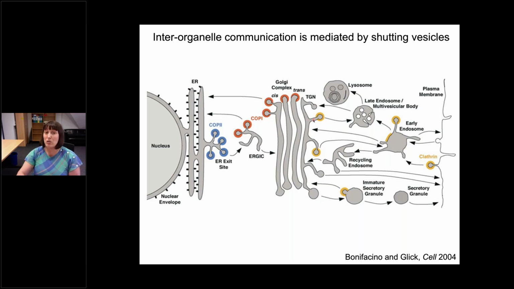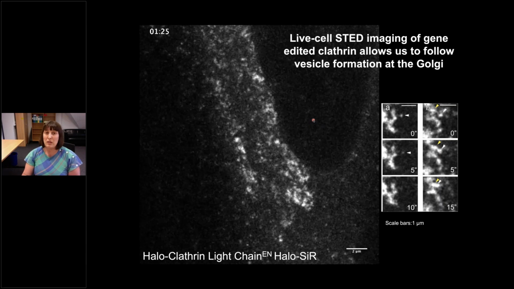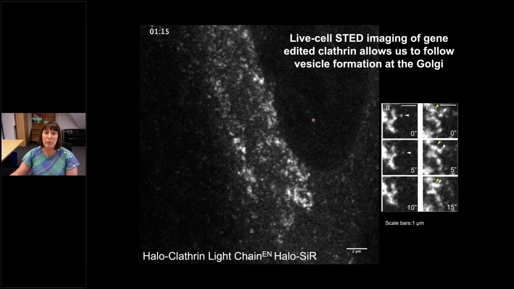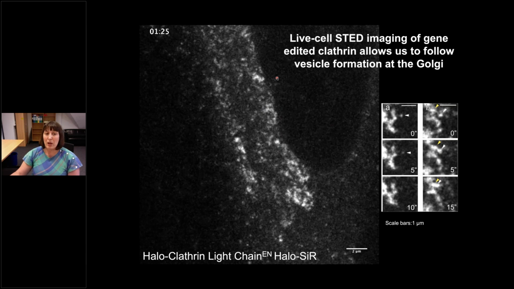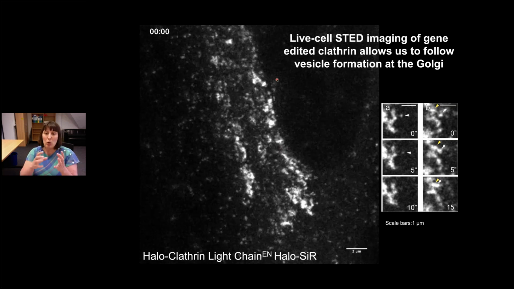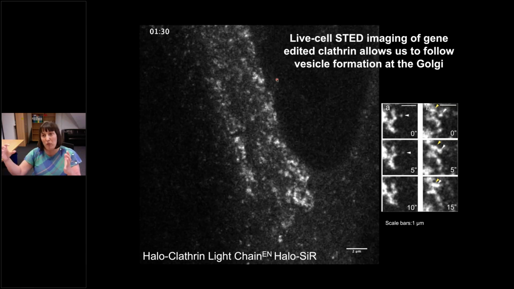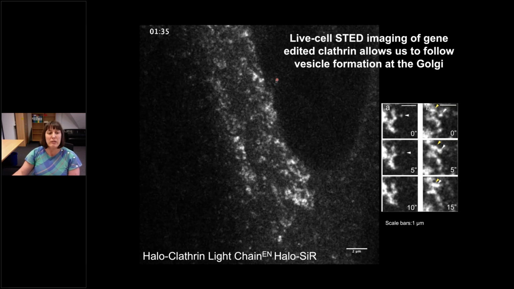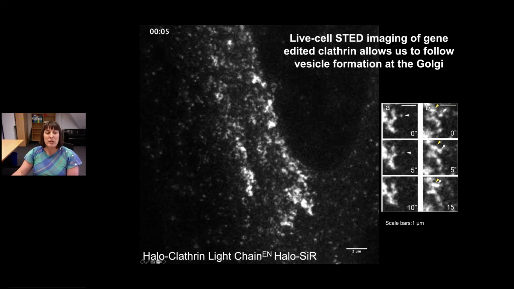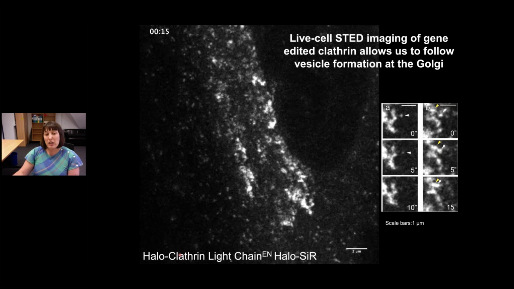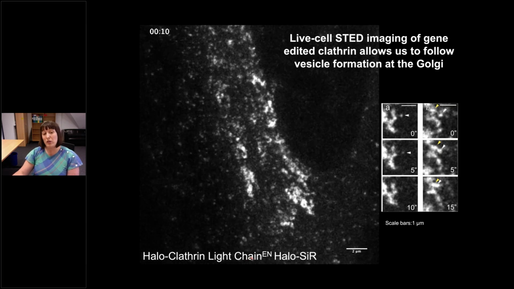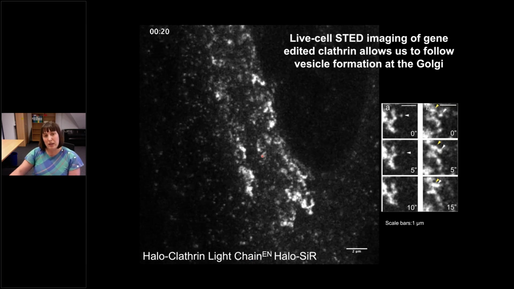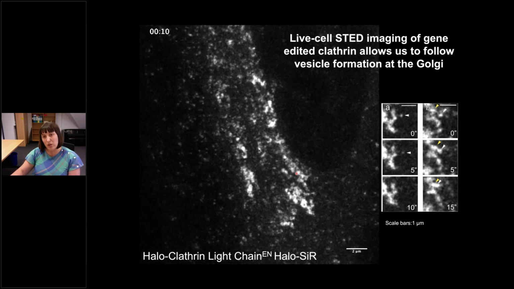So it is very hard to follow them with standard diffraction-limited light microscopy, but it is with live-cell STED that we can really follow the process of a vesicle forming from a membrane. In the example I'm showing you, this is clathrin light chain tagged at the endogenous locus with a Halo tag, and this is clathrin that localizes to the Golgi.